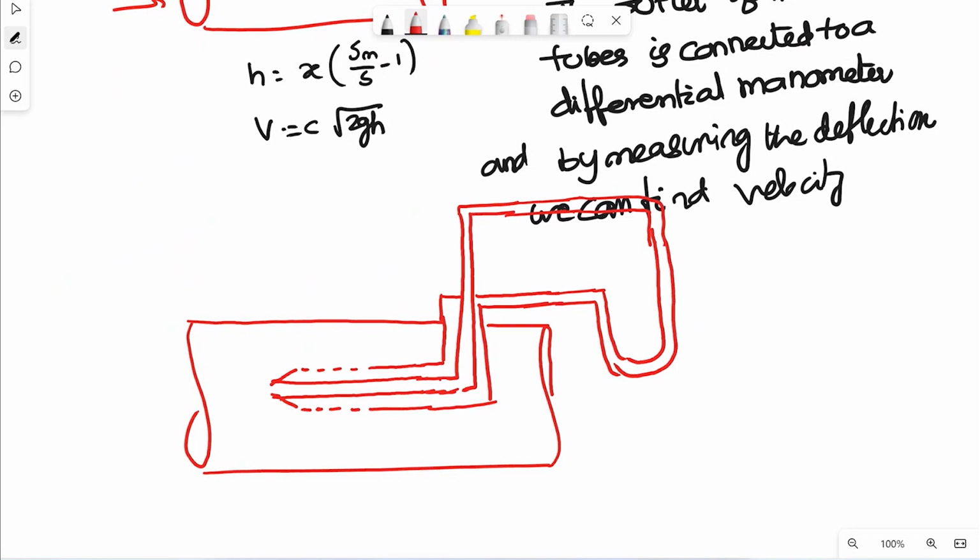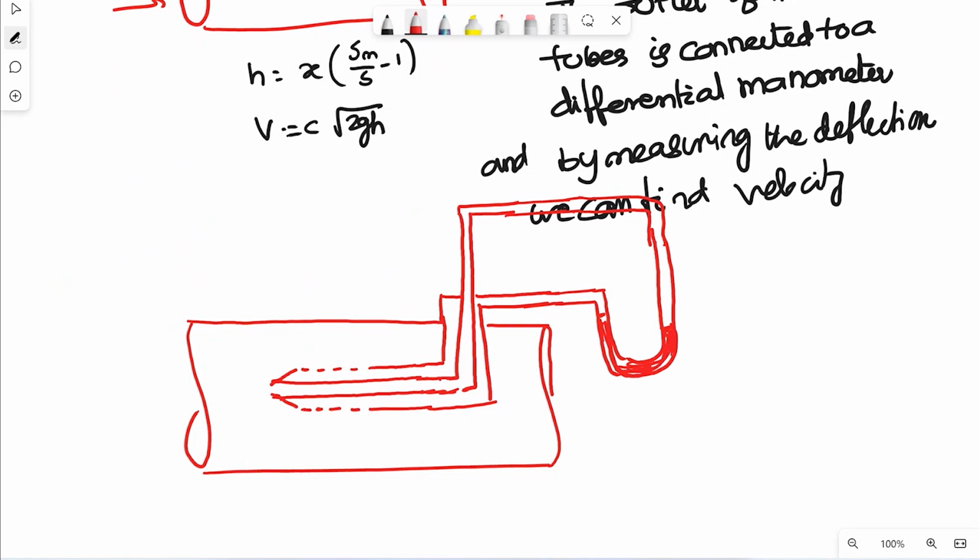Depending on the pressure, because the inner tube is the pitot tube, the inner tube is only the pitot tube. Whereas the outer tube, here because of the total pressure, it will be pushed down. Whereas here the pressure is less, naturally it pushes up.